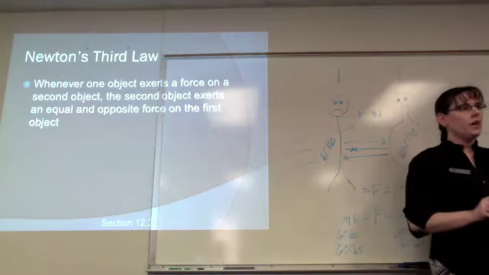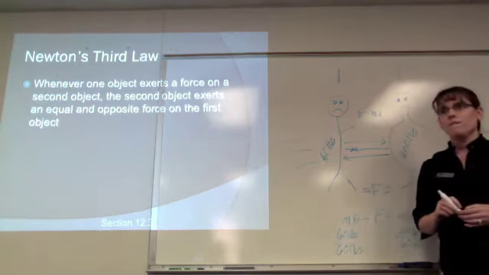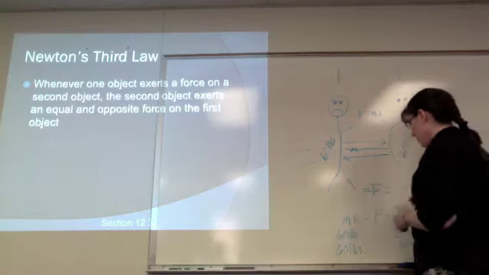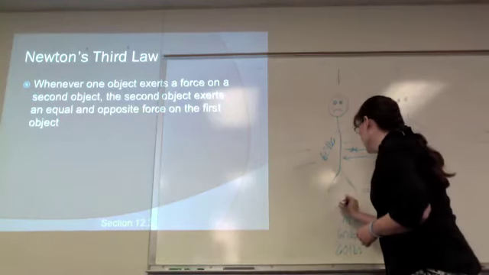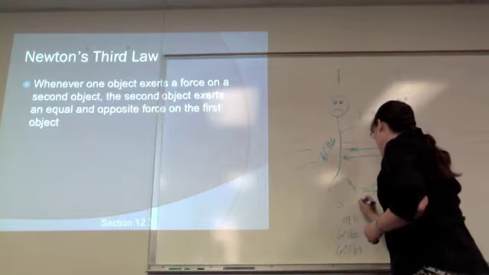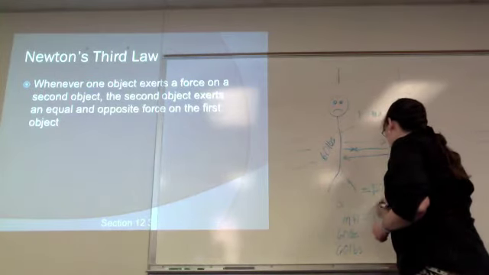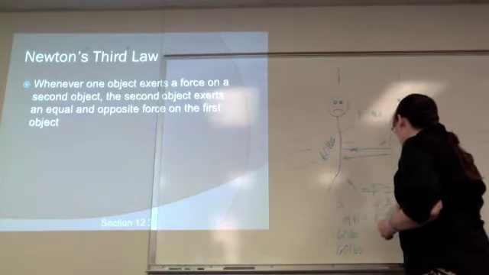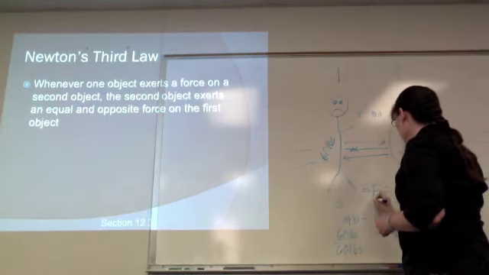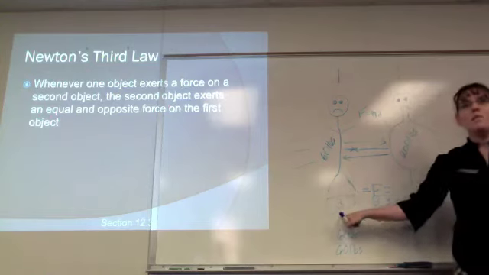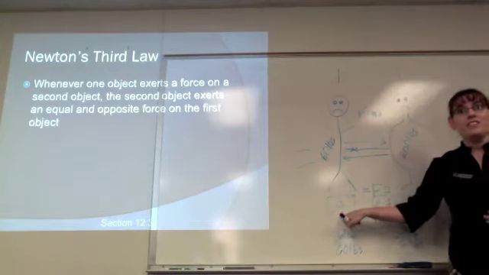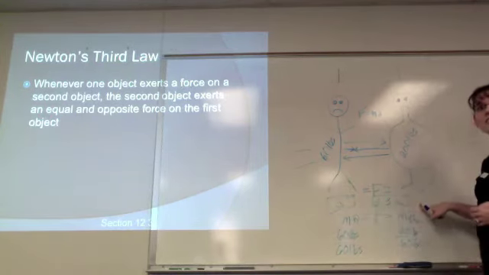So what is 200 divided by 60? 3.333. Okay. So he feels A1 equals 3.3 A2. So he feels 3.3 times more acceleration than he does.